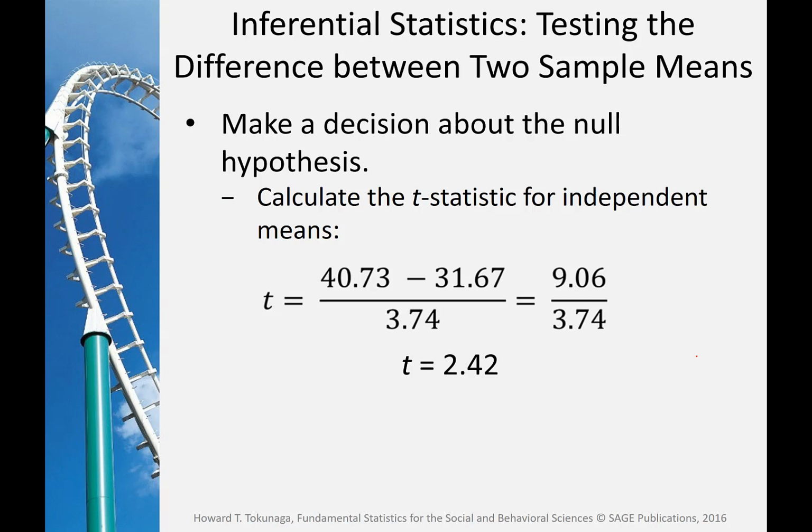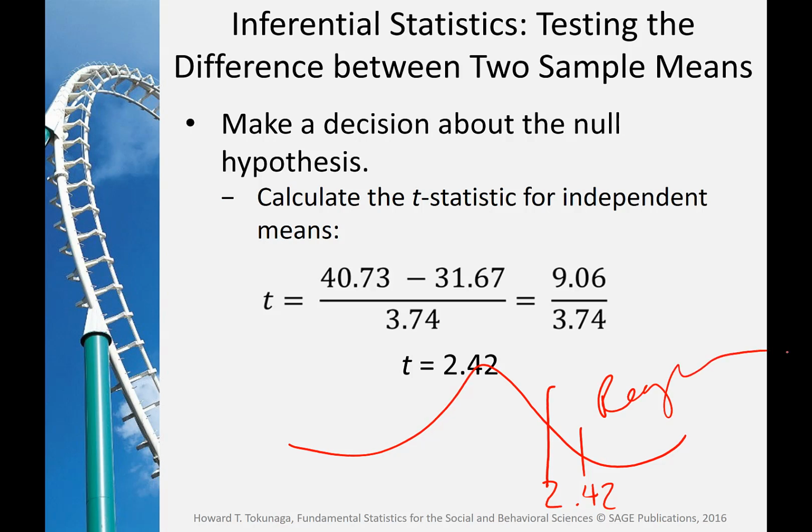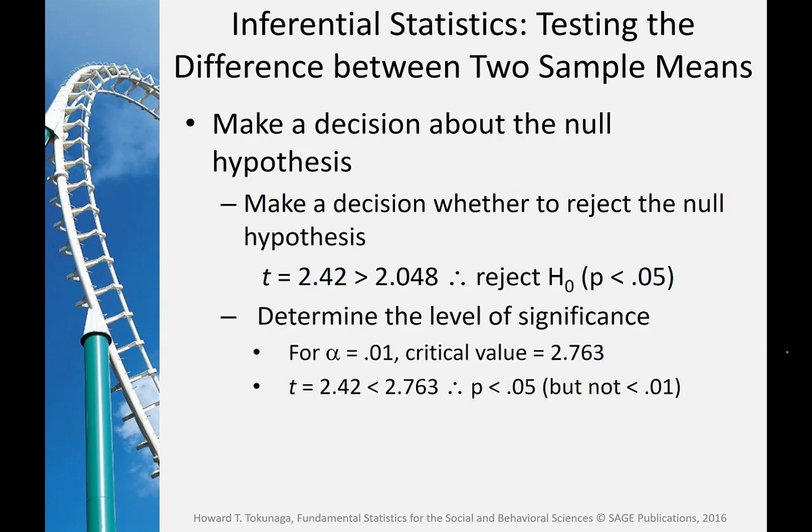Yes. Why? Because my 2.42 is in the region of rejection. How do I know that? Because the critical value was 2.048. So I'm going to reject the null hypothesis.